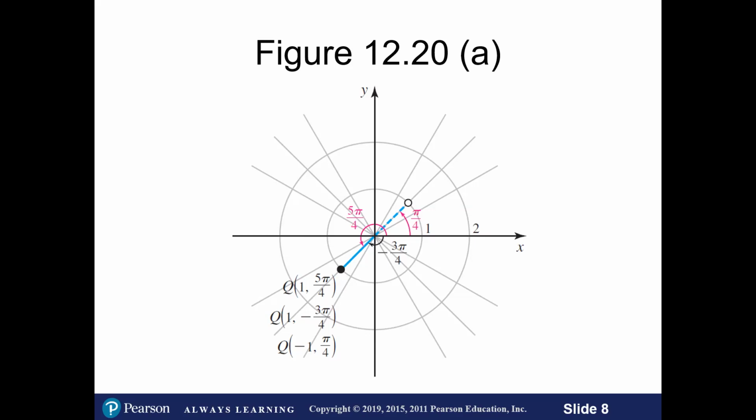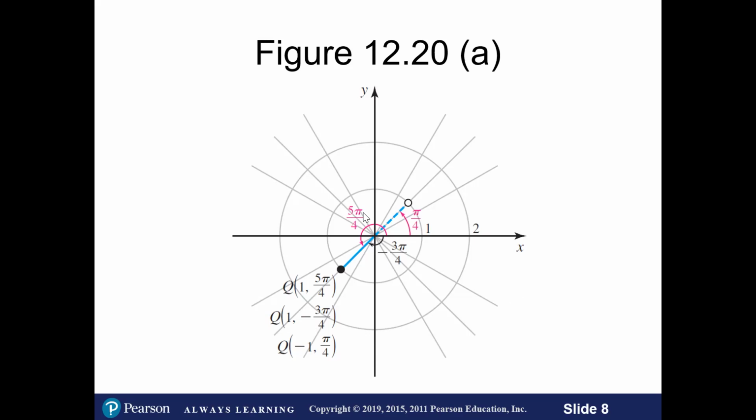For that point, how else could I get there? What are other ways to describe that same point? Well, I go 1 unit away, but instead of 5 pi over 4, what if I go negative 3 pi over 4? So the point (1, negative 3 pi over 4) would get you to the same place.